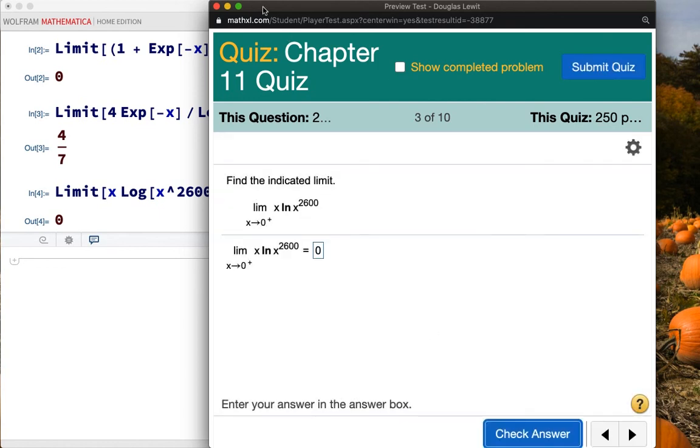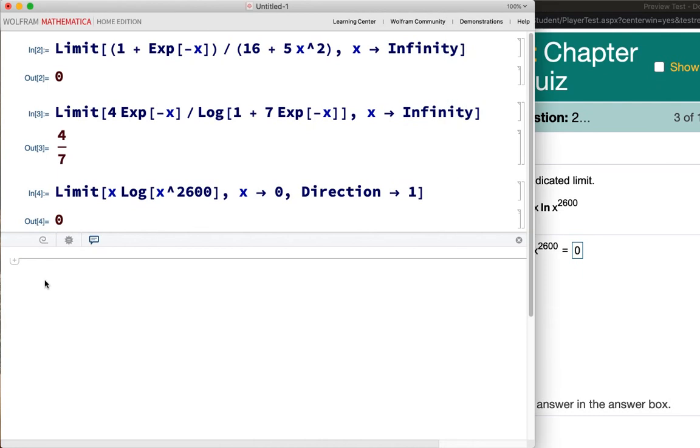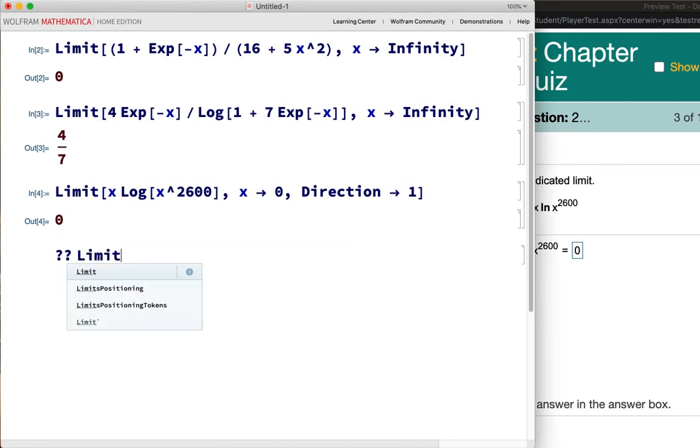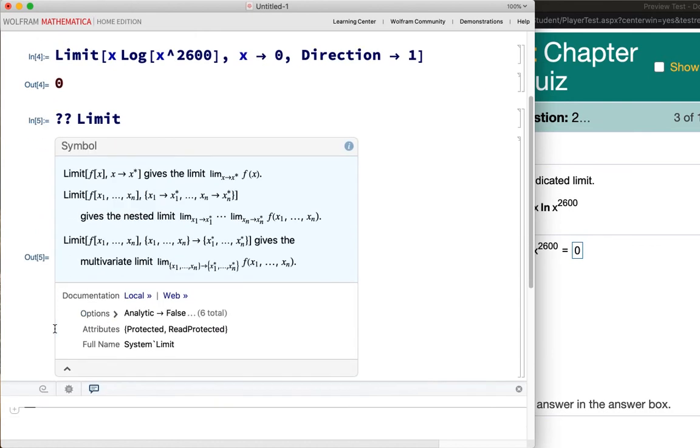If I have a question about using a function in Mathematica, what I could do is simply type two question marks, the name of the command, and then Shift-Enter. I have a choice here. If I click on Local, then I launch the local documentation for the function.